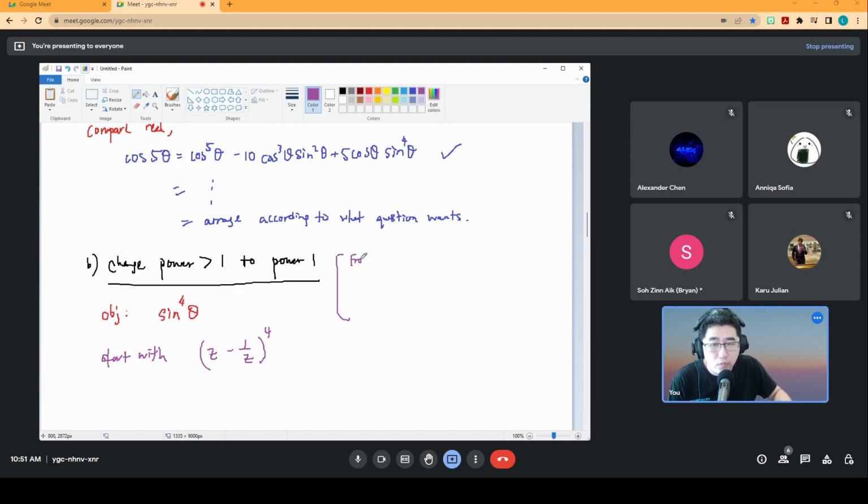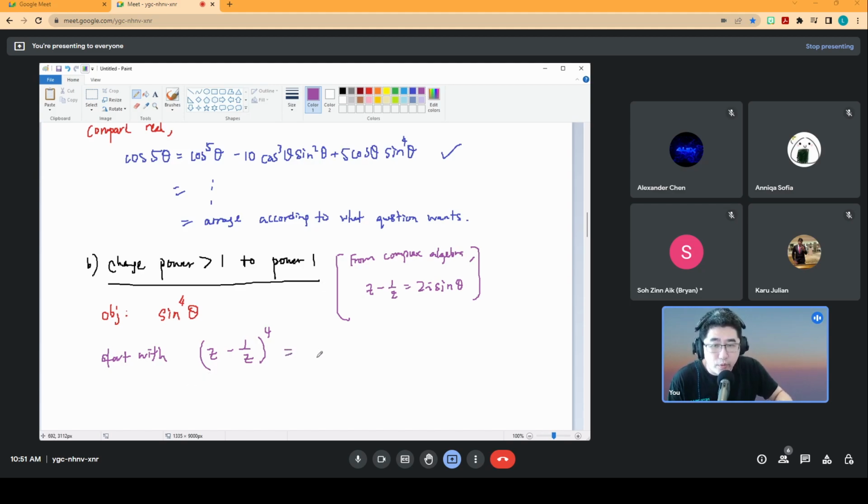From complex algebra, you already learned that z minus 1 over z equals 2I sine theta. You learned about this previously when you dealt with P3 complex algebra. So we start with this.